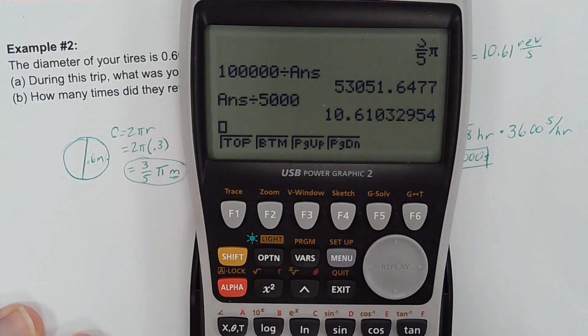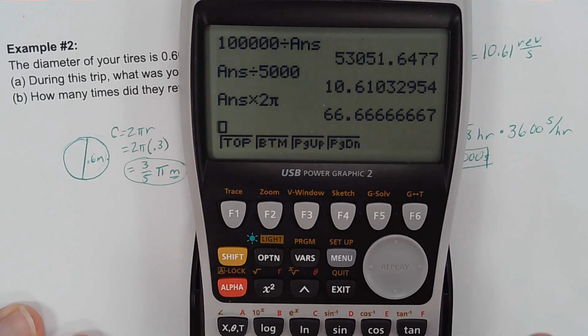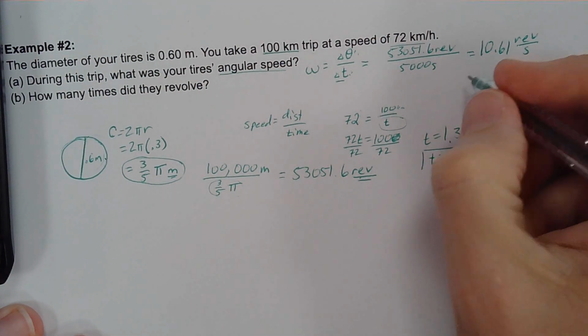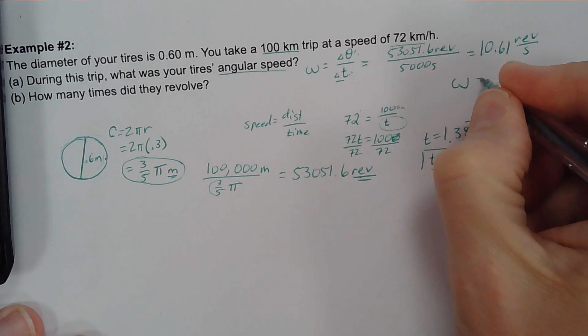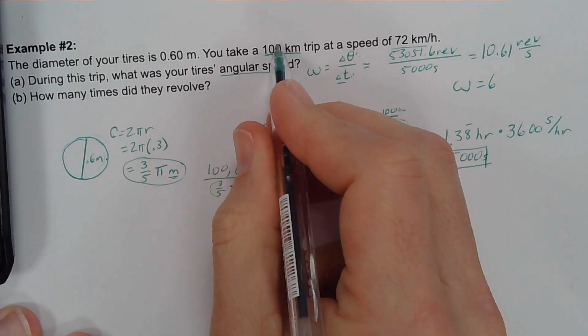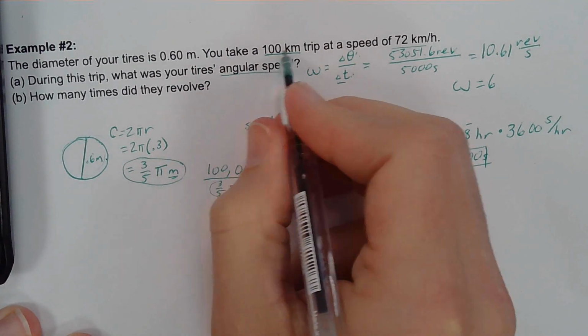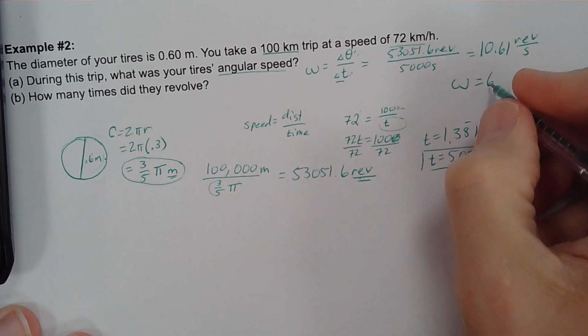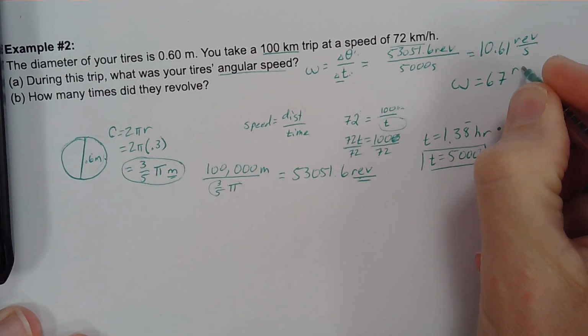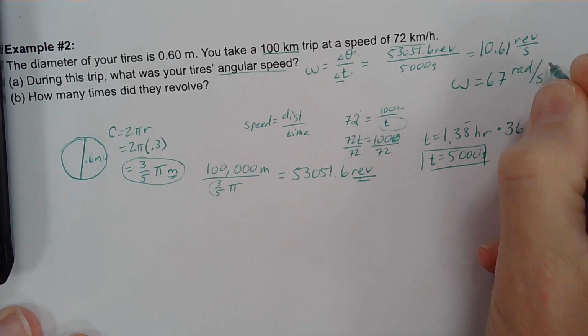And so if I take that and multiply by 2 pi, then I can get 66.66666. I guess if I go 2 sig figs, I could go 1 because of that. If I assume that that's exact, then I'm just going to go 67 radians per second.